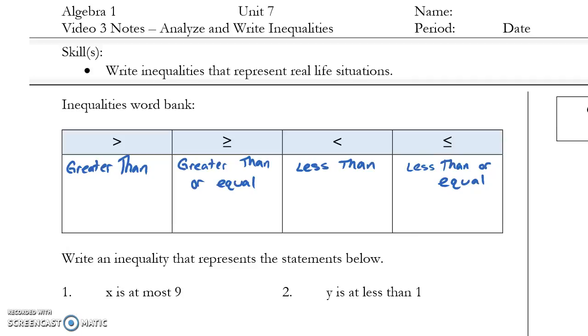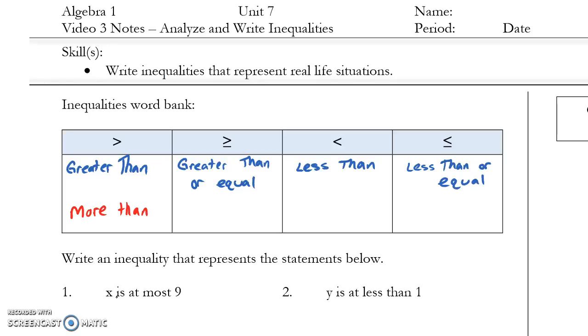There are a few other symbols that I need us to know, though. Some of them are intuitive and some of them are not. For example, if you don't see the words greater than, but you see the words more than, that's a synonym, and so we're going to be able to replace those words with a greater than symbol. The two that are not quite as intuitive and take a little bit of thought to understand are at least and at most.